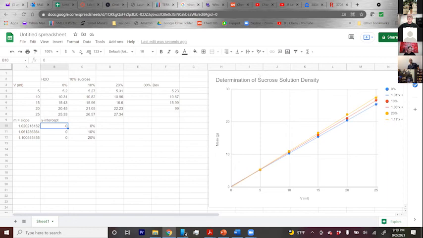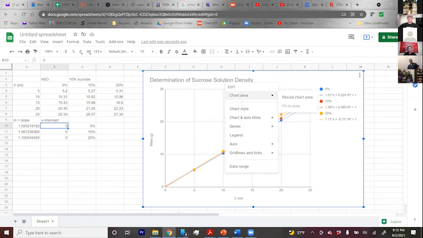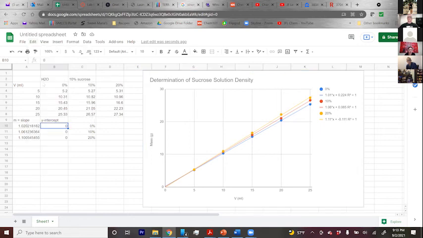So for this, you're just going to want to copy and paste it. So just right click. Oh, I think you can. Where is copy? Oh, edit. Yeah, copy. So just copy it and then paste it into your report.